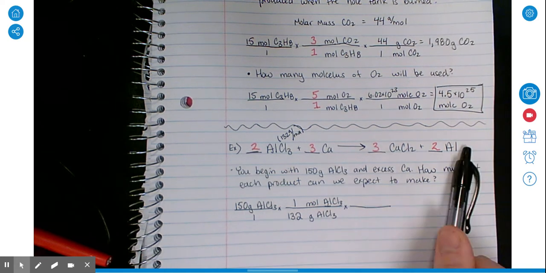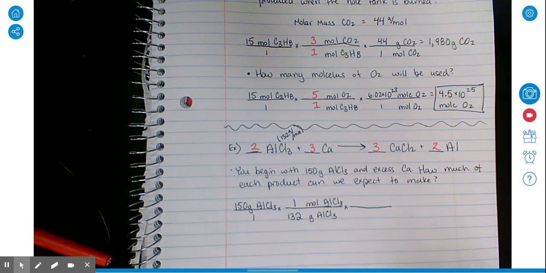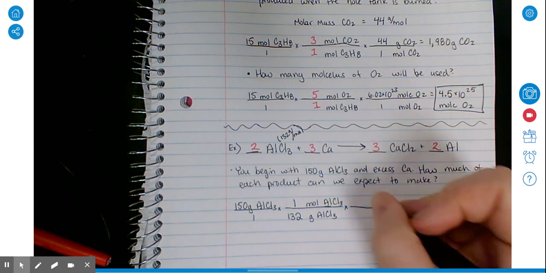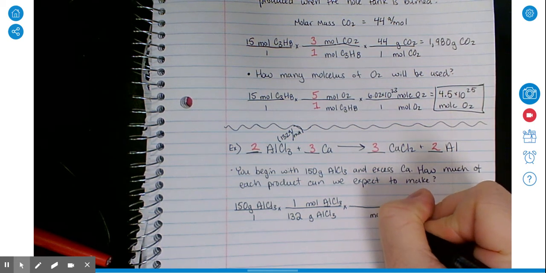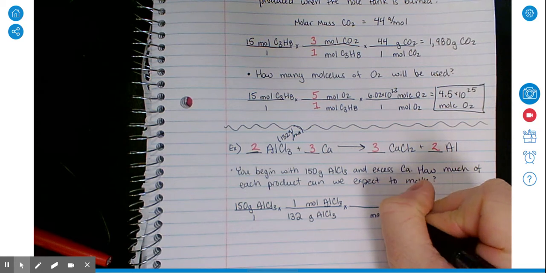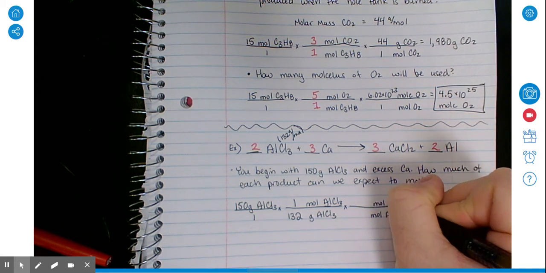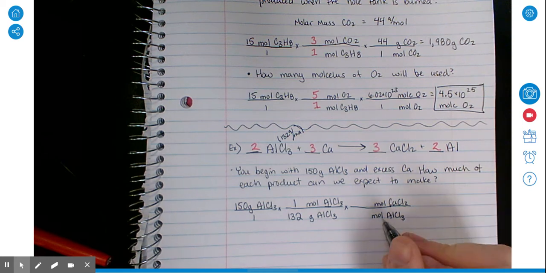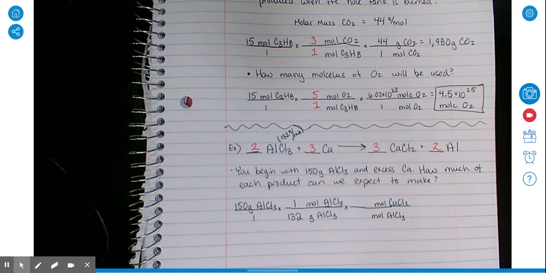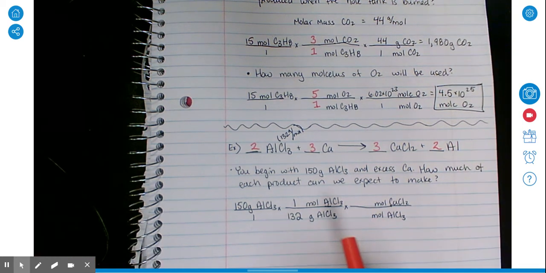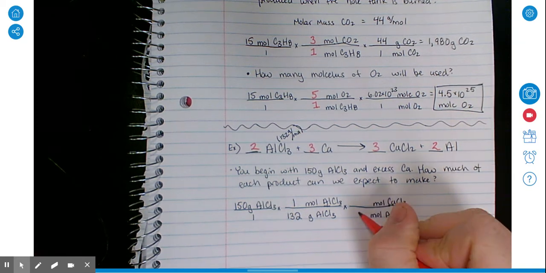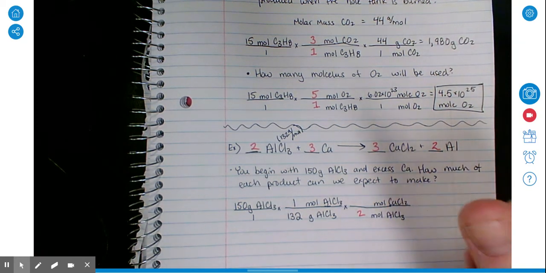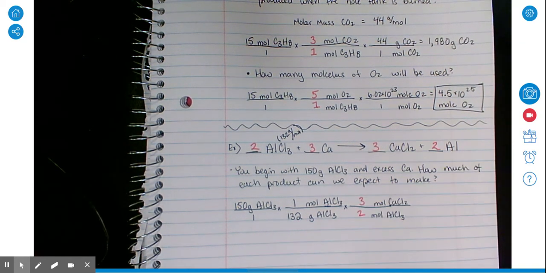Now, I want to calculate both products. You can pick which one you do first. I'm just going to go to the calcium chloride first since it's first. So for moles of AlCl3, I can go to moles of CaCl2. Use your mole ratios. For every 2 moles of aluminum chloride used, 3 moles of calcium chloride will be produced.